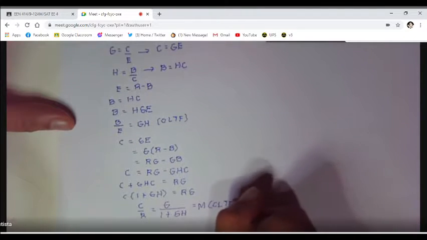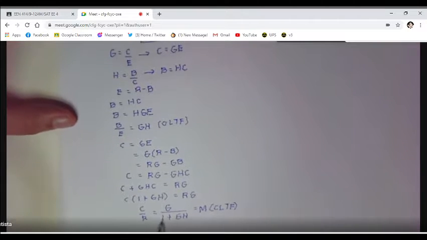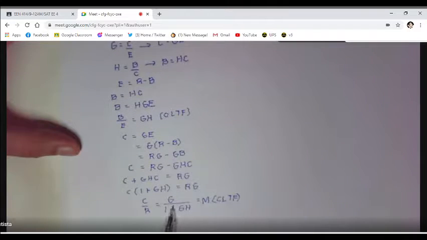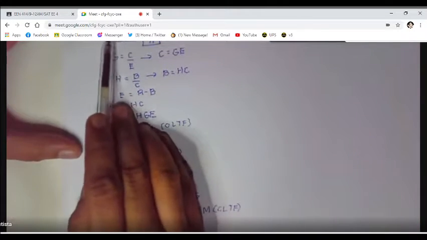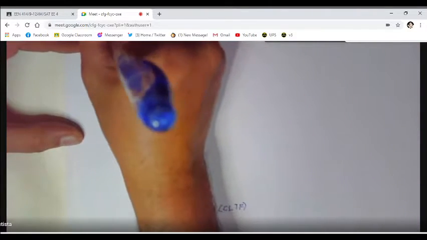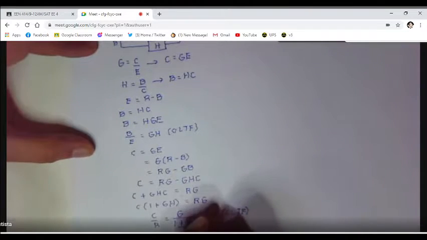Okay, now if your B is positive, this one will become, or if your B is negative, so this one will become positive. Okay, so if B is positive, I'll put positive, negative, positive. This one will become negative.